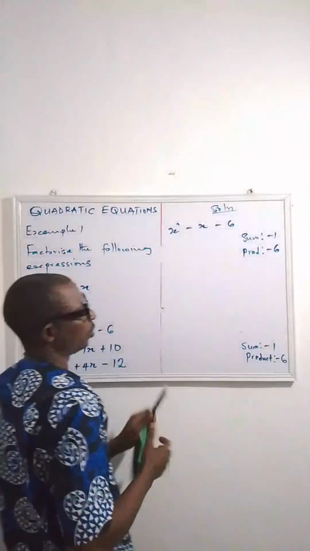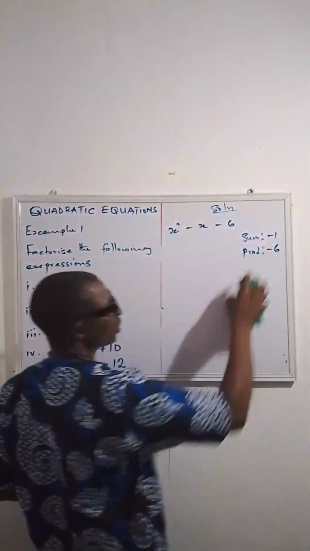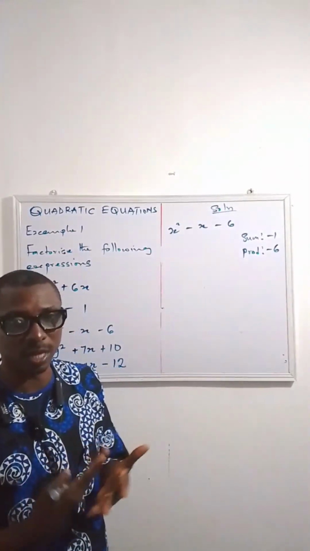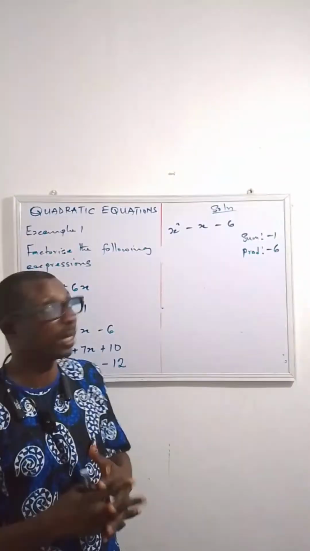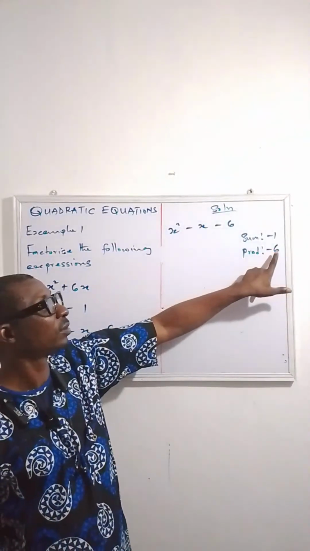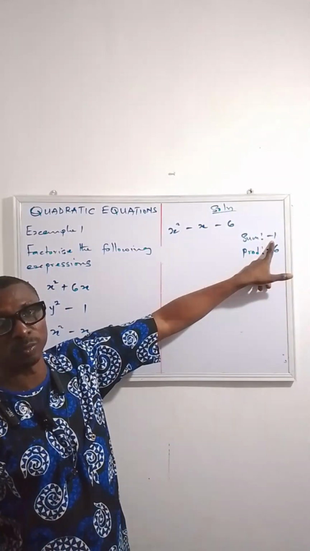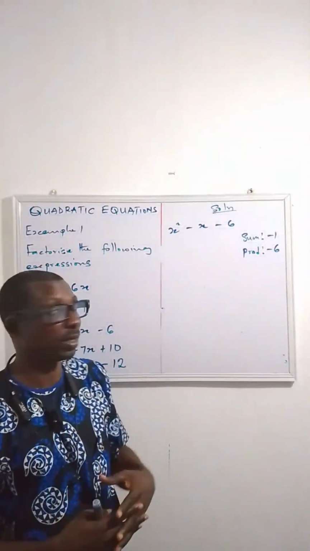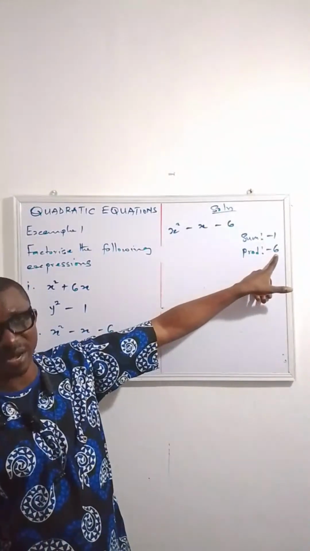Now, what do we do with this sum and product? You need to think of two numbers such that when you add them together, you have minus 1, the sum, and when you multiply them together, you have minus 6.